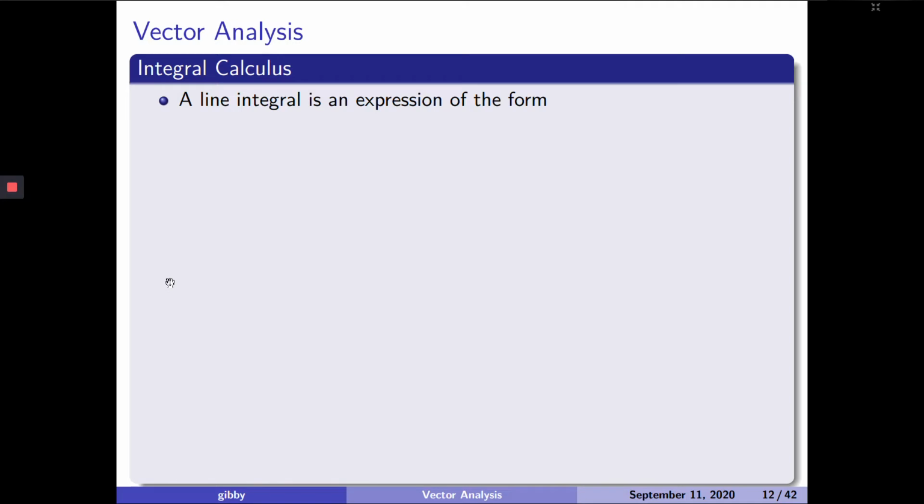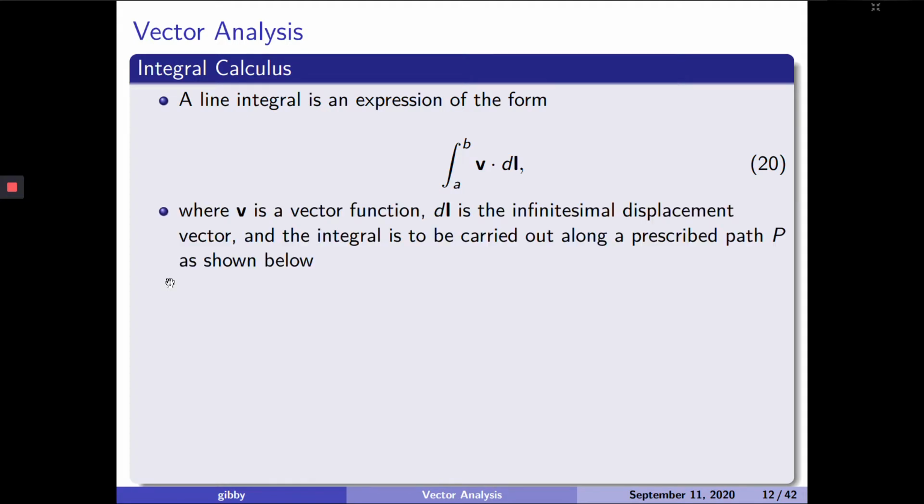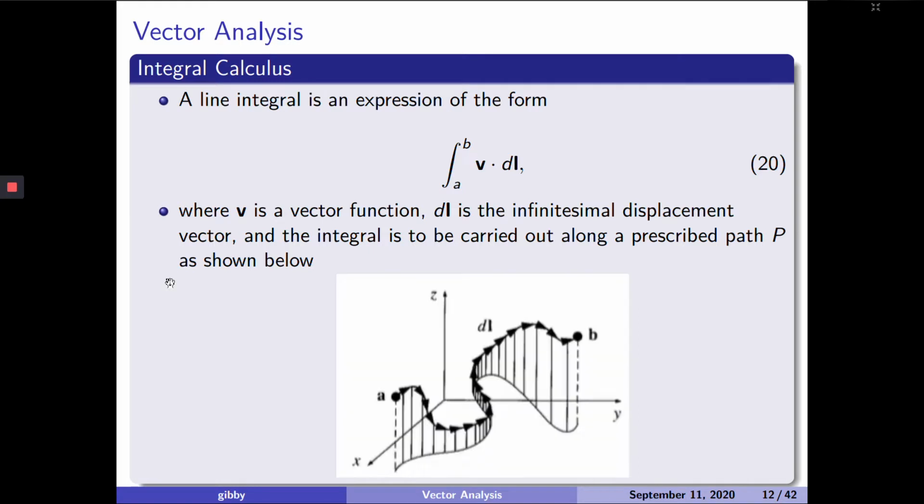Now, a line integral is an expression of the form, okay, this is a line integral. You have the integral of vector v dot dl, given in equation 20 and evaluated from a to b, or from path a to b, where vector v is a vector function and dl is the infinitesimal displacement vector, and the integral is to be carried out along a prescribed path p as shown in this figure.